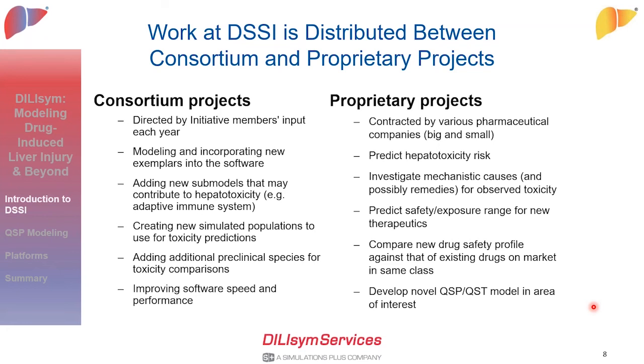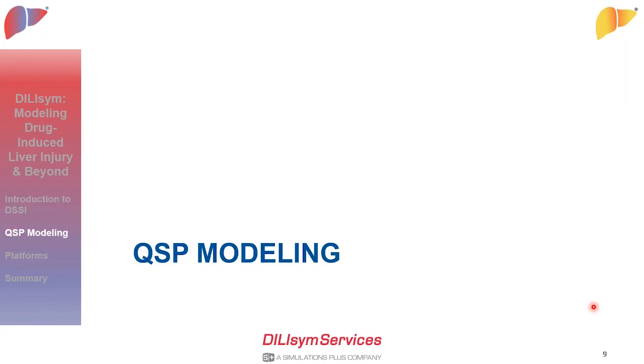And so sometimes that drives new development, sometimes that helps them assess whether their compound is able to move forward in the pipeline. So that's where DILIsym has been, and the core of where we've looked at modeling efforts.